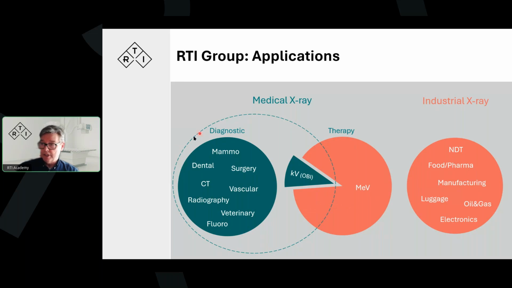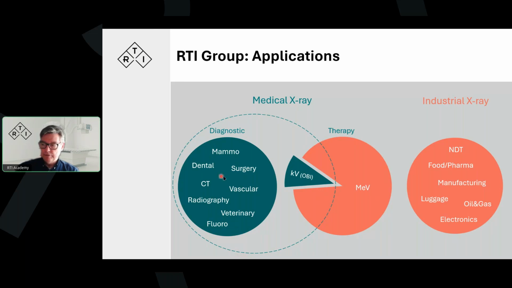We are focusing on the KV range of applications, which is on the therapy side, on the onboard imaging or the planning stage simulators. That is a KV area, typically a CT or a CBCT. That's the only part of the therapy application that we are active. But the main focus area is on the diagnostic X-ray imaging and the medical field.